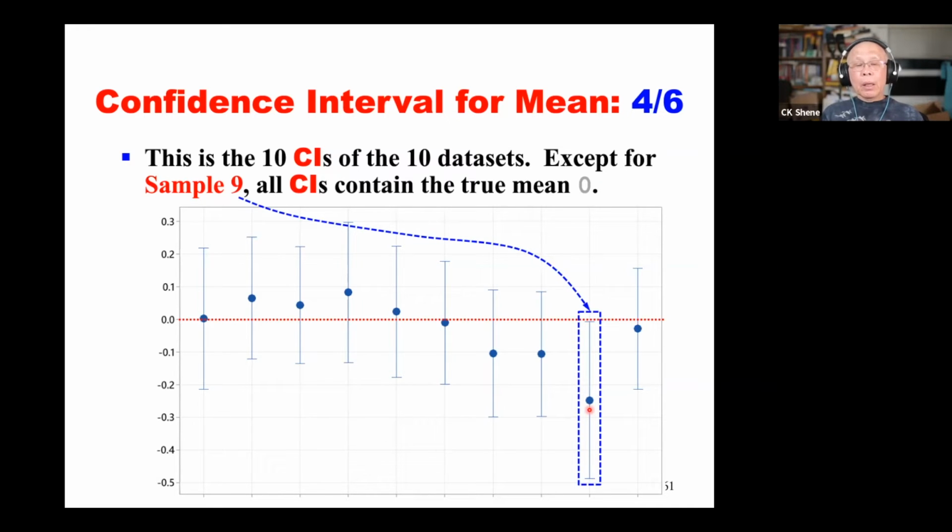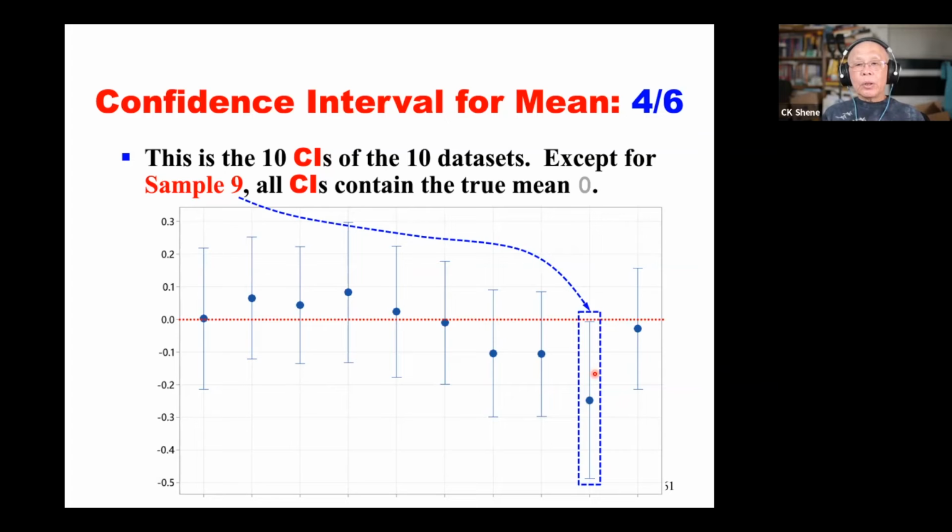What does that mean? Of these 10 calculated confidence intervals, one of them does not contain the population mean. That is, the estimation error is so large. And that also tells us about the confidence level.